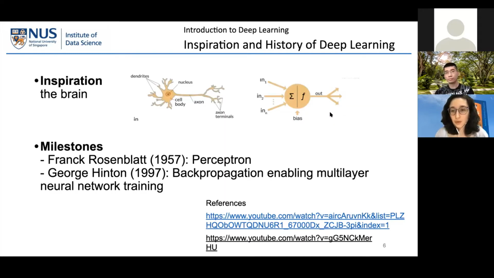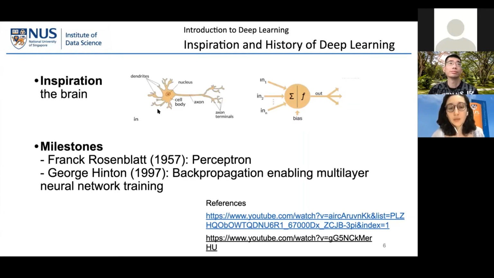So first, about neural networks, let's talk about the inspiration behind it. So neural networks, or artificial neural networks, actually take the inspiration from the brain and from neuroscience, with all the neurons and connections.